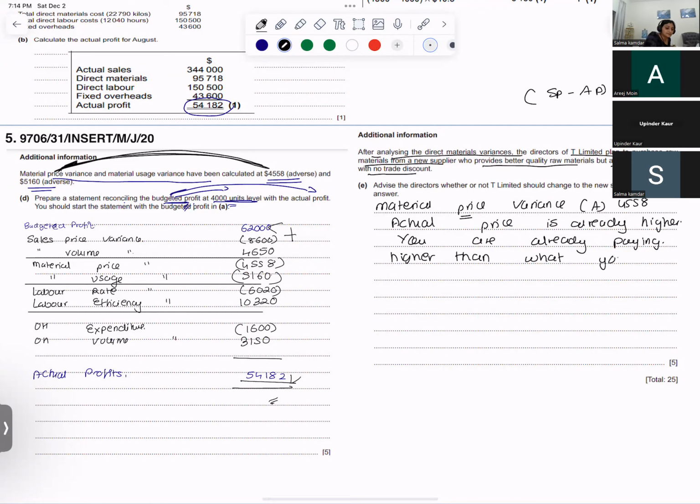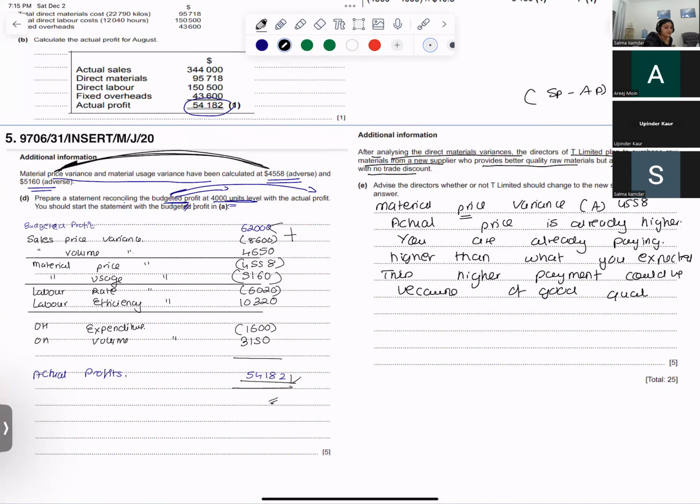Are you paying higher than what you've expected? Yes. That means we are already having a price variance where you're paying higher than expected. And this higher payment could be because of good quality.